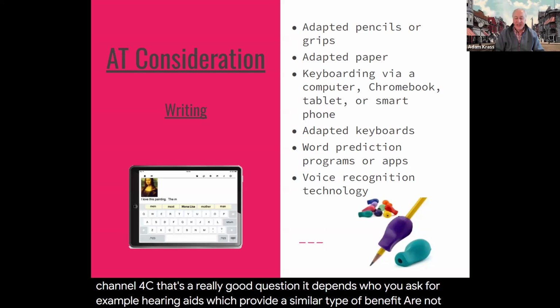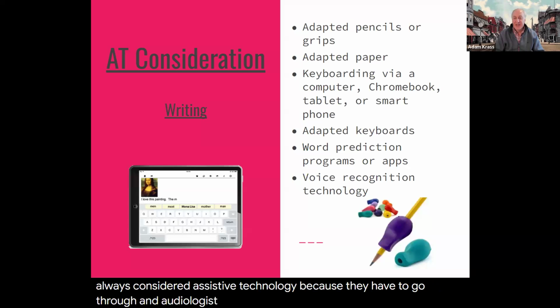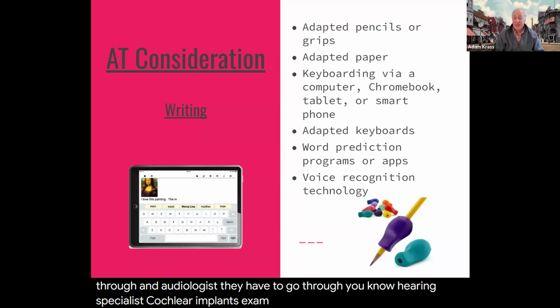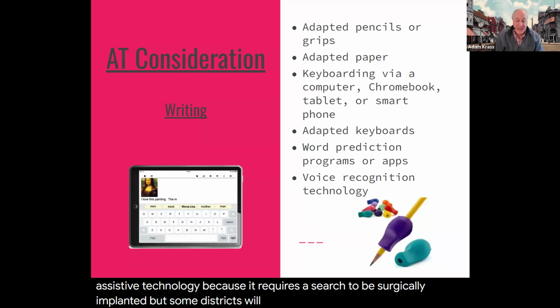For example, hearing aids, which provide a similar type of benefit, are not always considered assistive technology because they have to go through an audiologist. They have to go through a hearing specialist. Cochlear implants are another example, not considered assistive technology because they require being surgically implanted. But some districts will consider an FM system to be assistive technology.